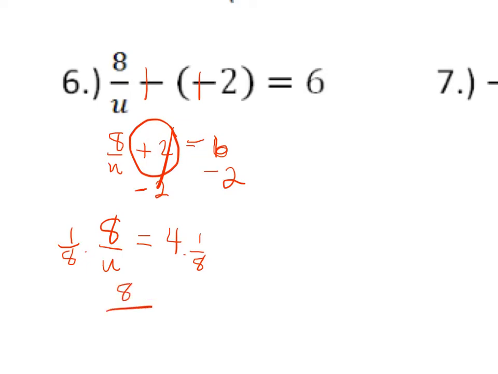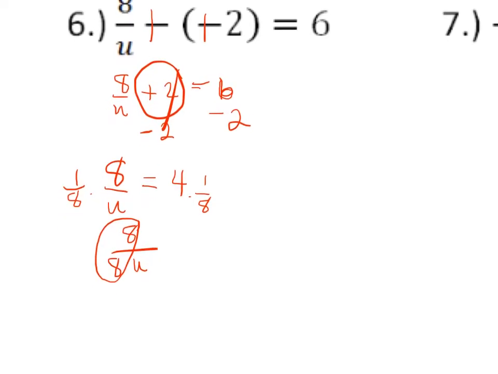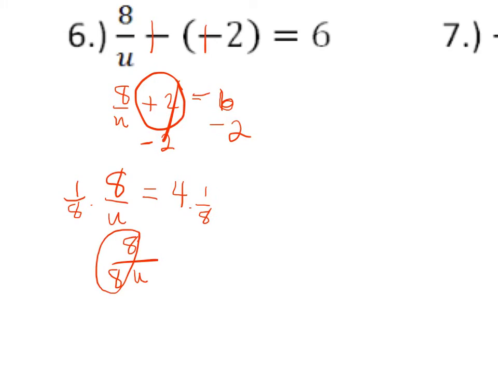We'd have 8 over u and an 8. Well, 8 divided by 8 is 1. And so we'd have 1 over u left over. On this side we had 4/8, which is also known as 1/2.